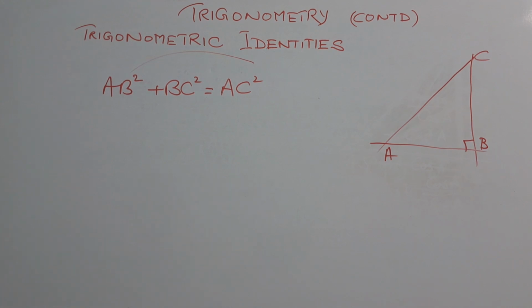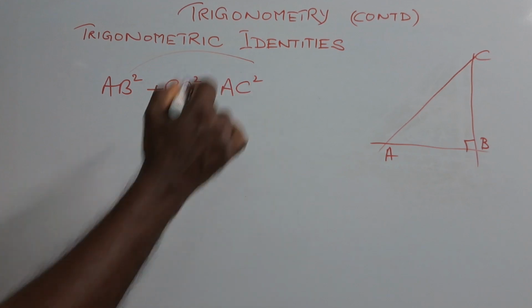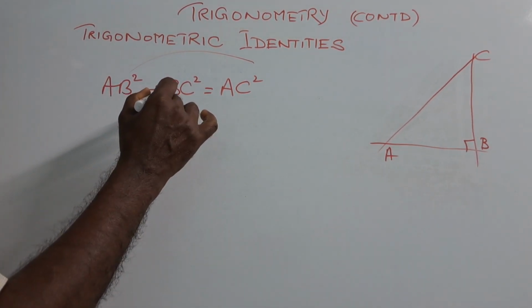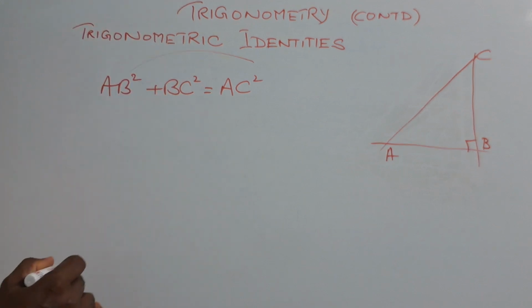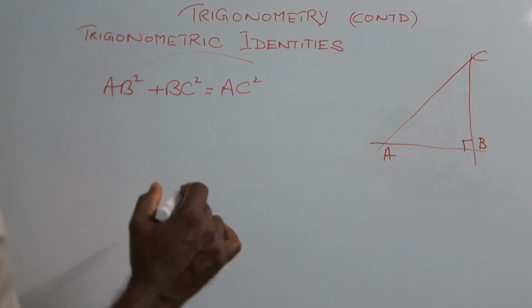In this triangle, right angled at B, AC is the longest side, which is the hypotenuse. AC square is equal to sum of squares of AB and BC. AB square plus BC square equals AC square.